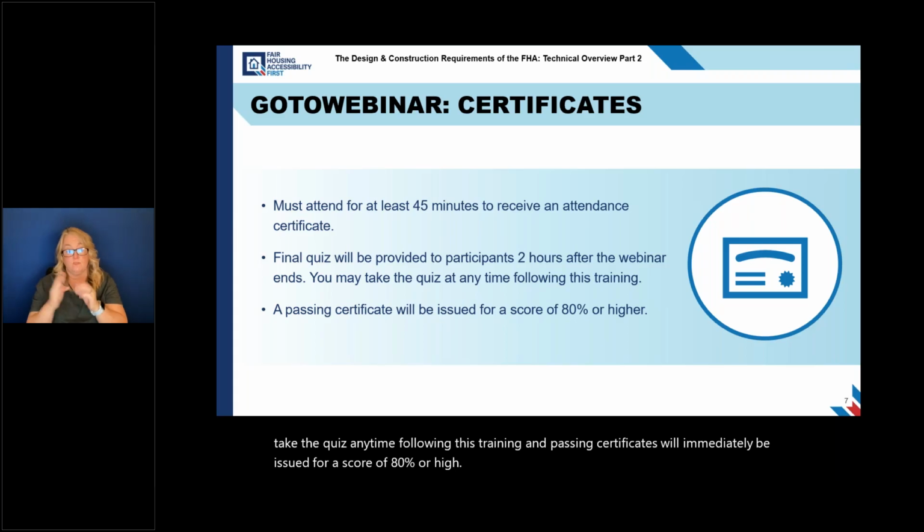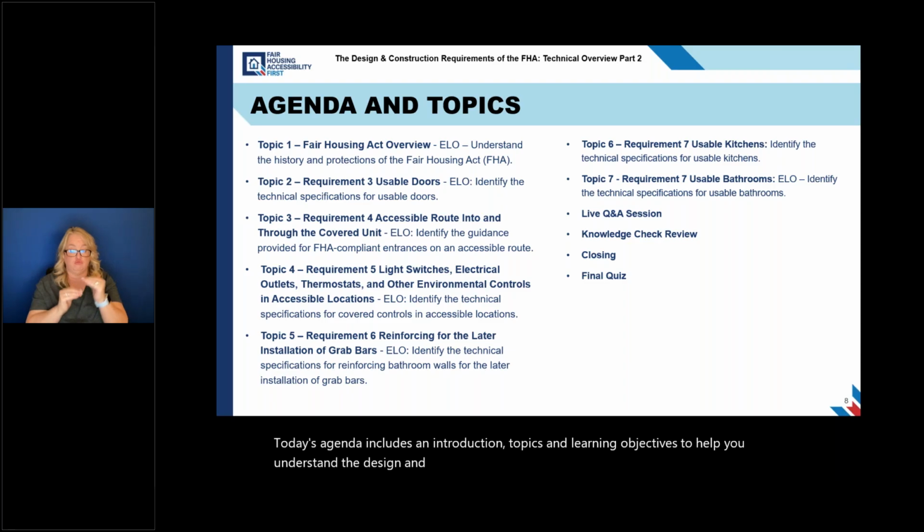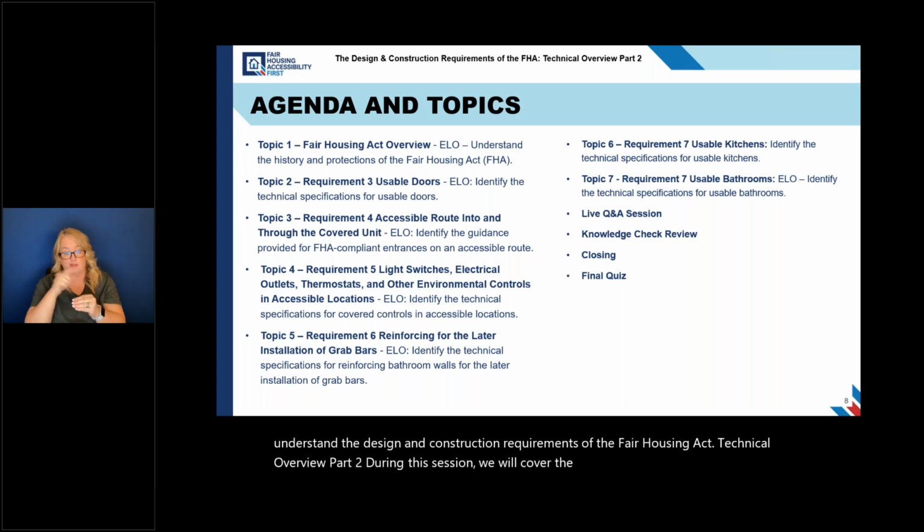Agenda, topics, and learning objectives. Today's agenda includes an introduction, topics, and learning objectives to help you understand the design and construction requirements of the Fair Housing Act Technical Overview, Part 2. During this session, we will cover the following topics and learning objectives.